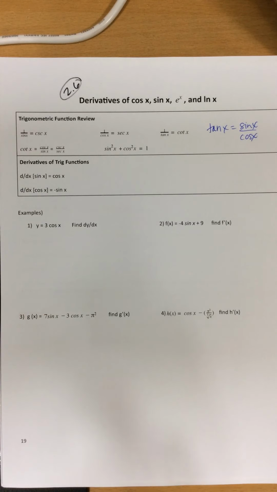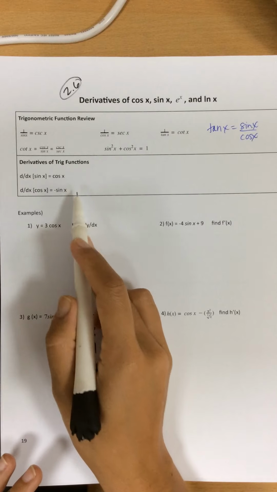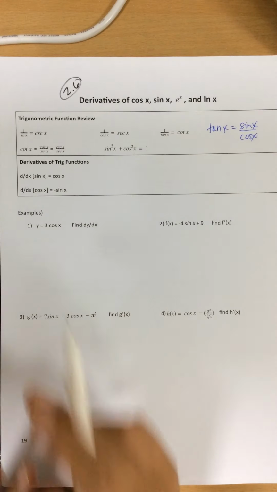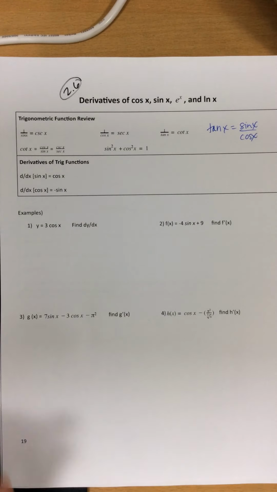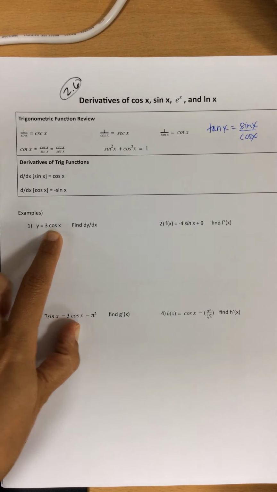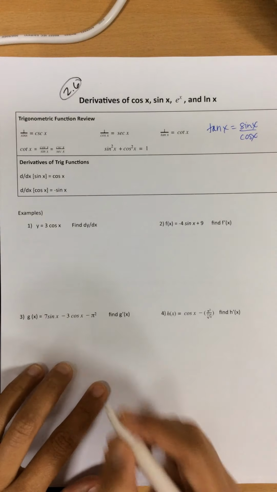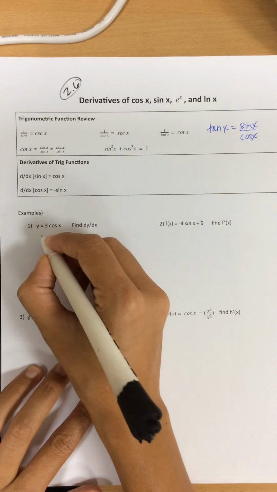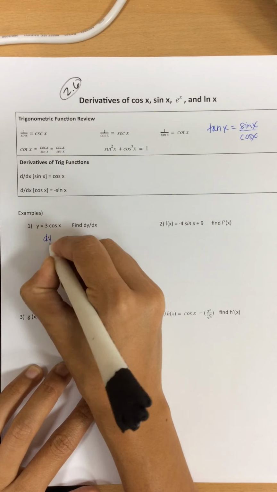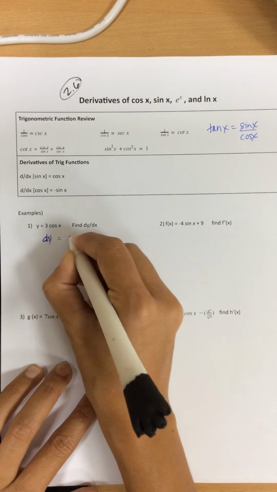So here we're going to use these new derivatives that you've learned to evaluate these functions below. The first example says y equals 3 cosine x. Find the derivative of y with respect to x. Okay, so first I'm going to rewrite this. This is my constant multiple rule.